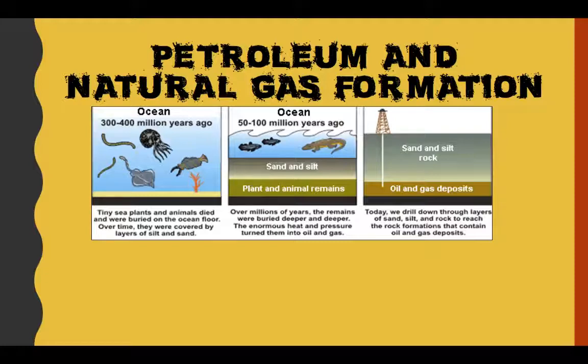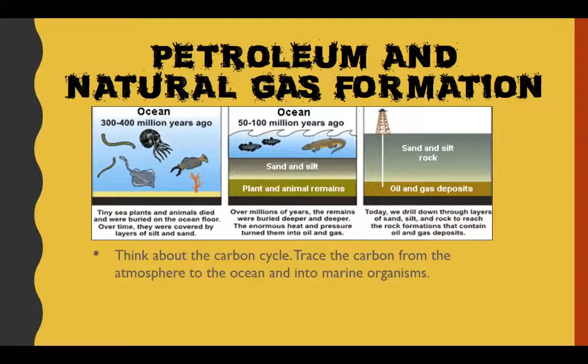And over time, sand and silt builds up on top of them, pressure builds up, heat builds up from the internal part of the earth, and then we end up producing these oil and gas deposits. Today, we drill through all that sand, silt, rock to get to those oil deposits, and we extract them, and then we refine them.